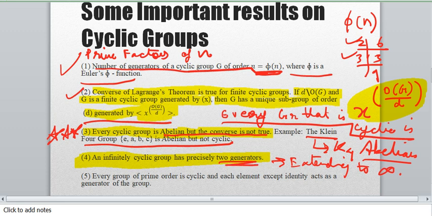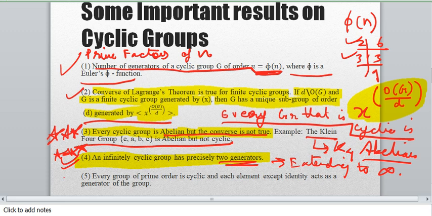Two generators. So they will ask you a question as such: if I have an infinite cyclic group, how many generators can I find? Precisely two generators. You will write that word precisely also. Don't forget the word precisely. To be exact, there are two generators.